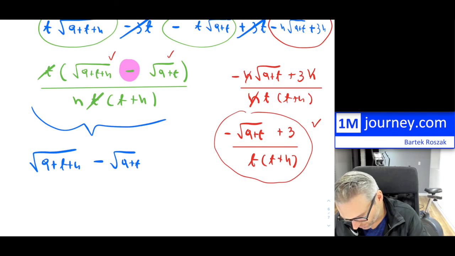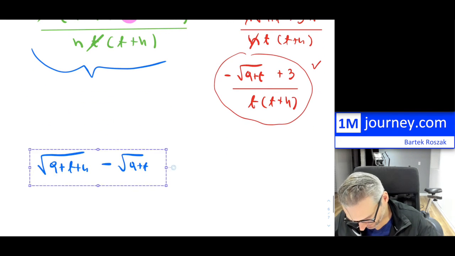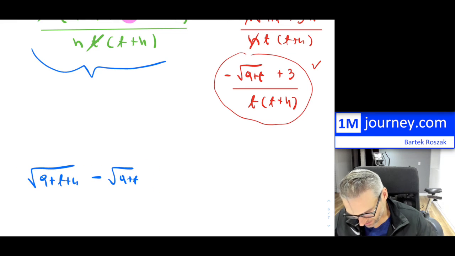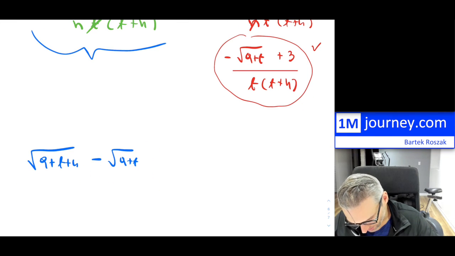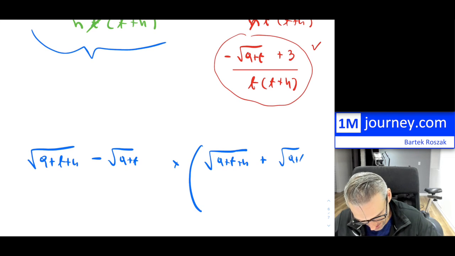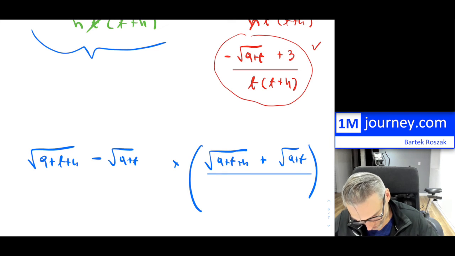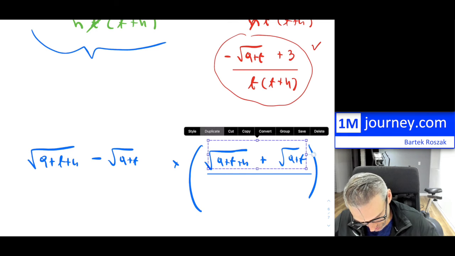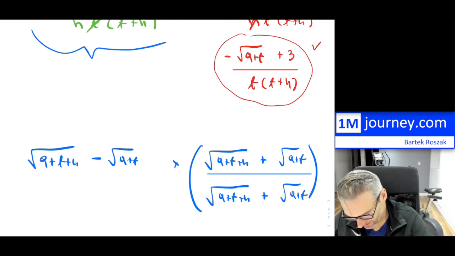So I'm going to multiply by 9 plus t plus h, plus 9 plus t, to both numerator and denominator. So I'm using one of those tricks in here.